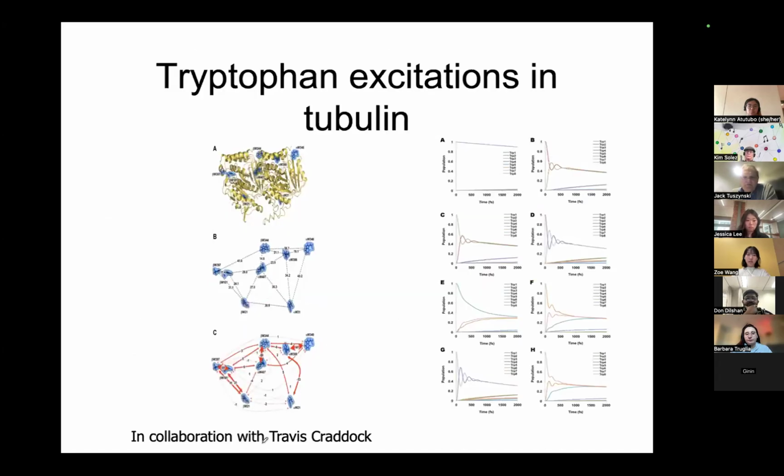This is again Travis Craddock's work, and the decay of these excitations over picosecond timescales were predicted, which is very, very short, but nonetheless comparable to photosynthetic energy capture, photons.